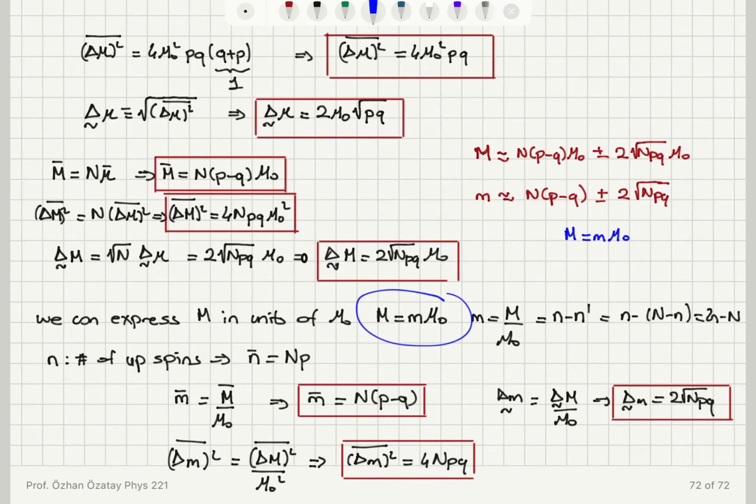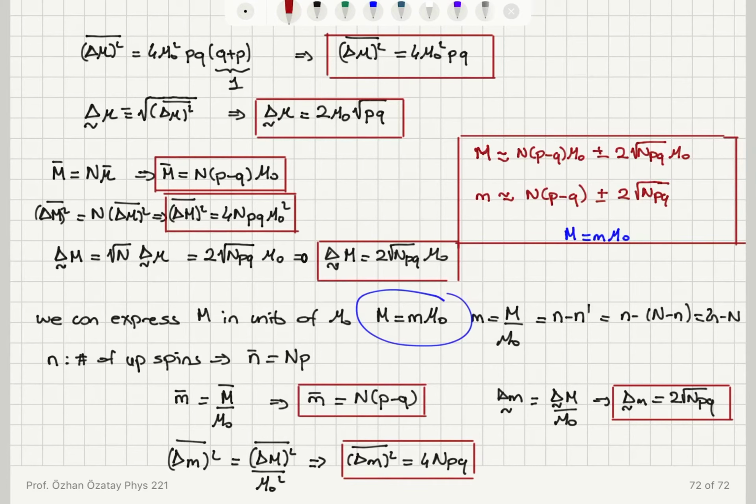So basically this completes our analysis of the average values and standard deviation of magnetic moment number and total magnetic moment for the spin 1/2 particle system.